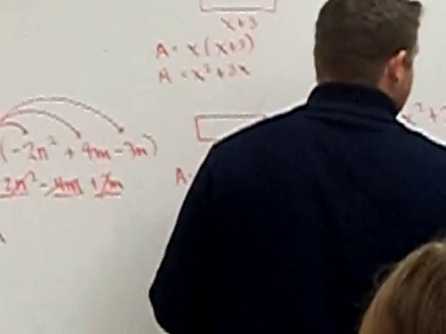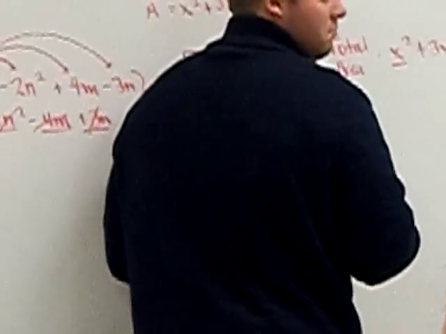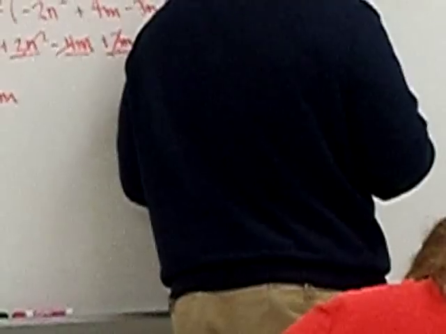Add them together. So in the first one, we've got x squared plus 3x. With the second one, we've got x squared plus 3x minus 10. Well, x squared and x squared becomes 2x squared, right?